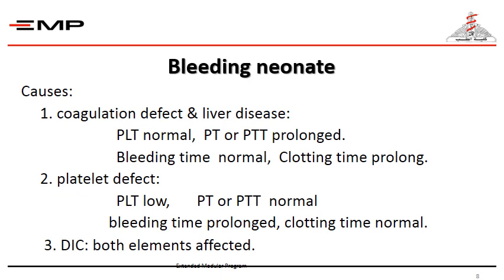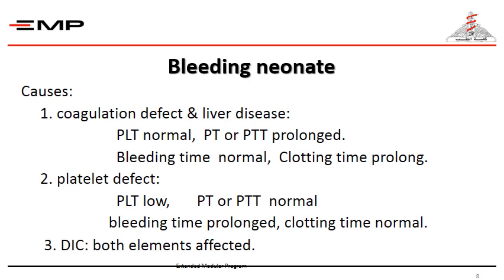Usually the neonate will have a normal platelet count and normal bleeding time, but the prothrombin time, or PT, and partial thromboplastin time, or PTT, will be prolonged. The clotting time usually is prolonged.